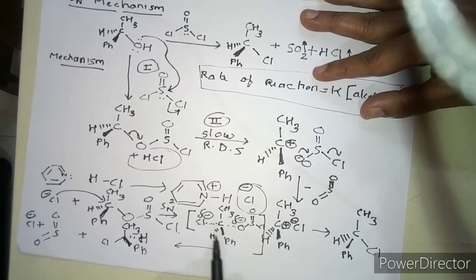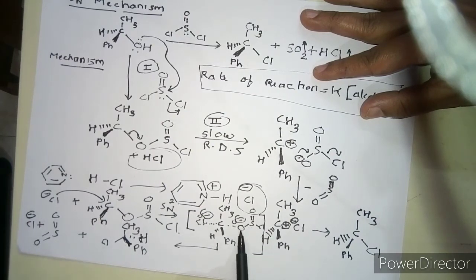Cl carries a delta minus charge, O minus carries a delta minus charge in O S double bond O Cl, and these three groups remain in one plane at 120 degree angle to each other. This is actually an SN2 transition state, and then finally the Cl gets attached from the back side and these groups leave.